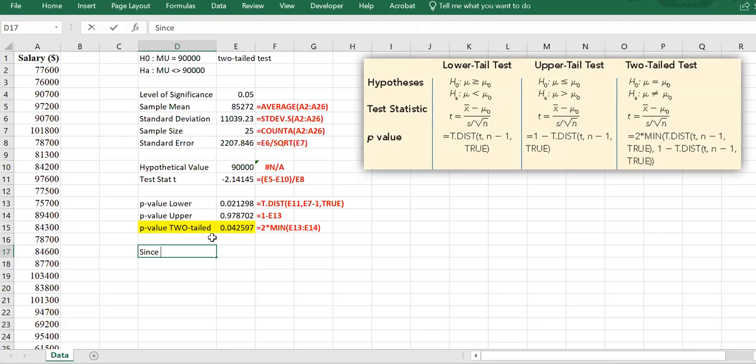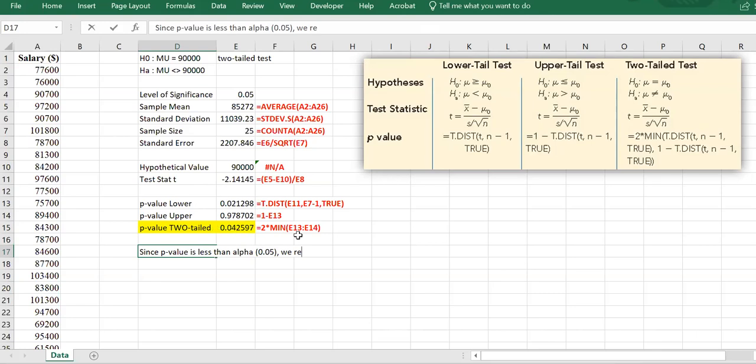Since the p-value, I'm referring to the two-tailed p-value, is less than alpha, and alpha is 5%, we can go ahead and reject the null hypothesis.